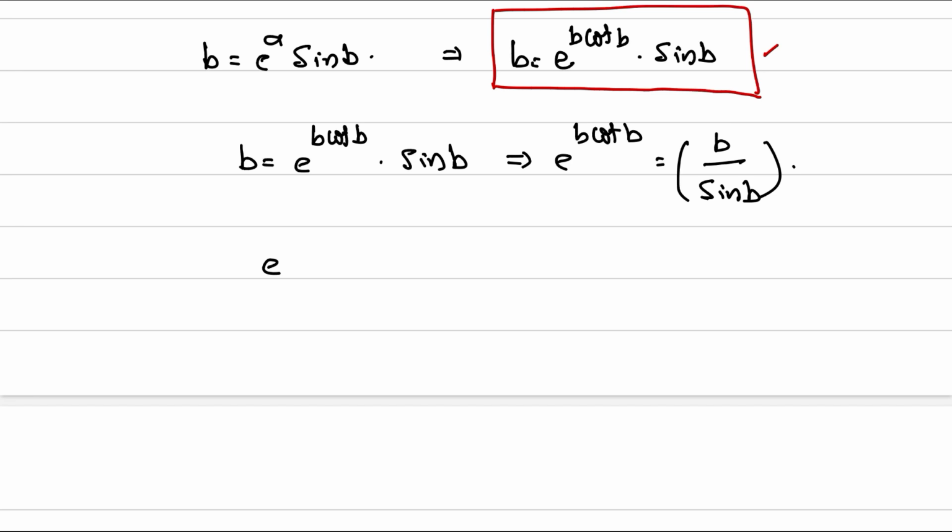That means e to the power of x is equal to y, where x is equal to b cot b and y is equal to b by sin b, where b is in radians.